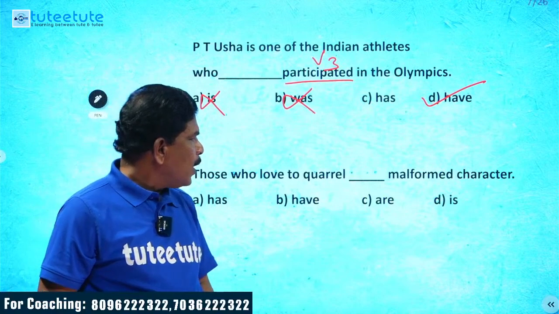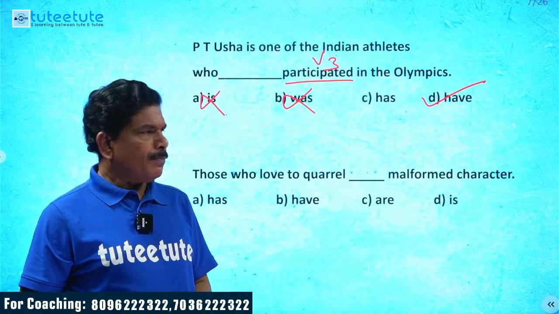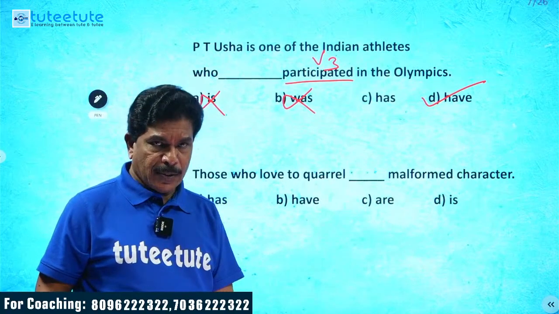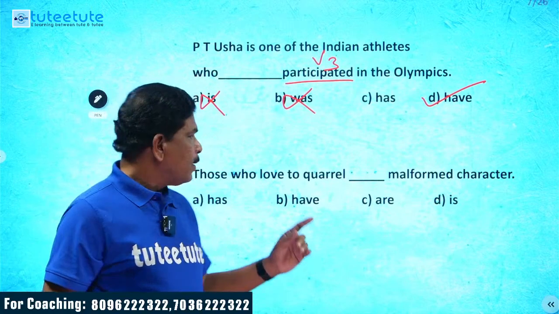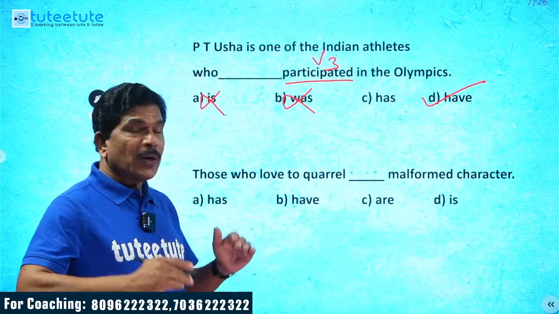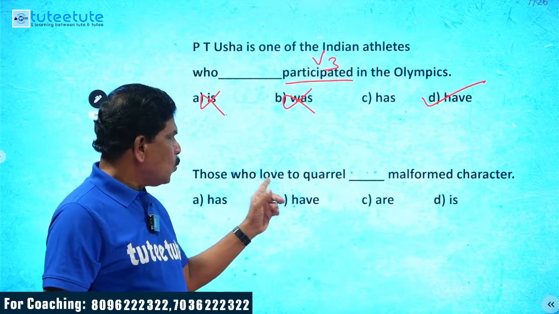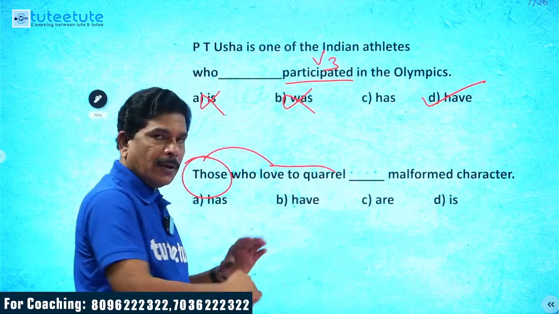Next, those who love to quarrel, malformed character. Has, have, are, is. Here again, this is rather confusing. See, those who love to quarrel, there are people who love to quarrel. Those is plural. Those love to quarrel. Okay.